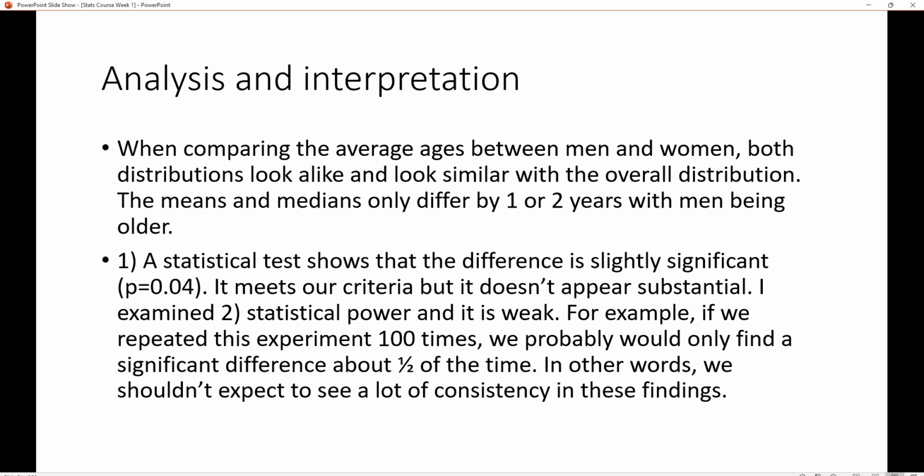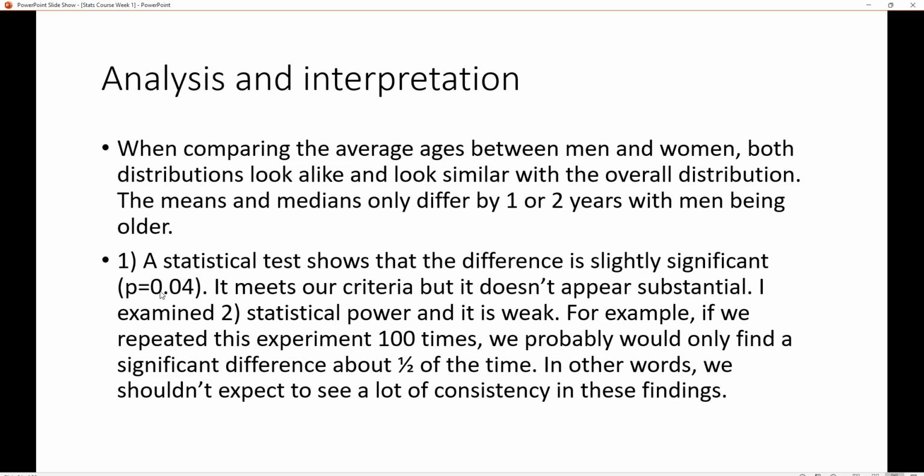Now I'm going to go to the second bullet, which has information on some of the inferential analyses I've done. We haven't covered this part yet, but we will in the next few weeks. But I'll just include this interpretation. First, a statistical test shows that the difference is slightly significant.